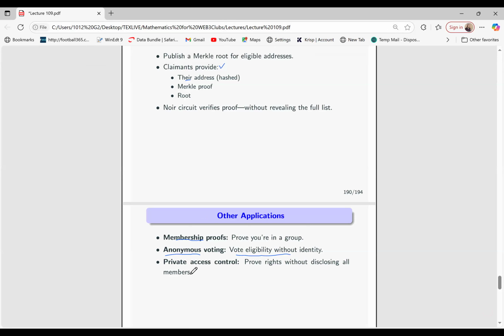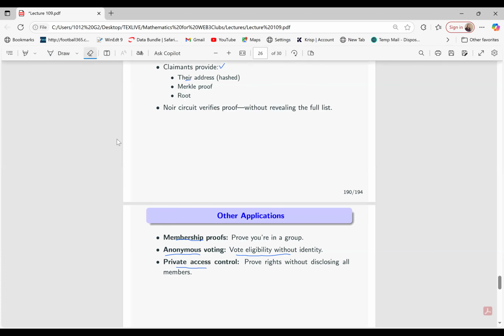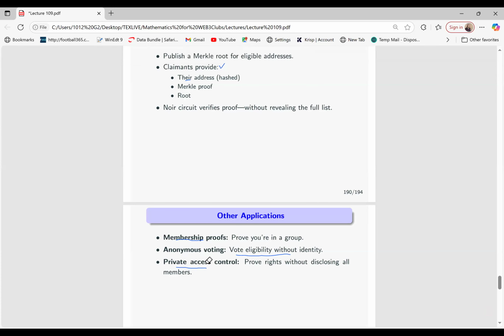Then there is private access control, where you prove rights without disclosing all members. Once you've written that circuit for the airdrop, you can pick any of these and write a circuit for it, just as part of the exercise.